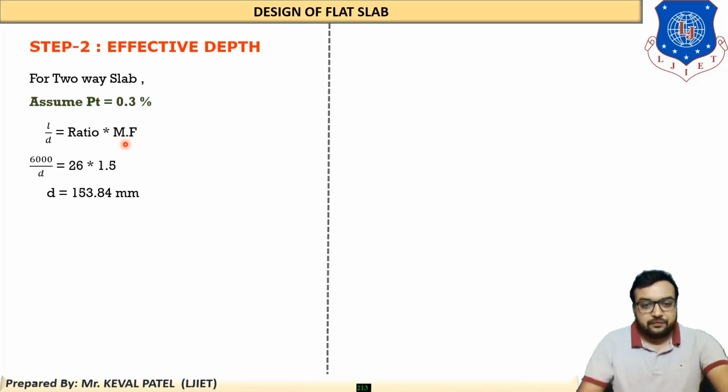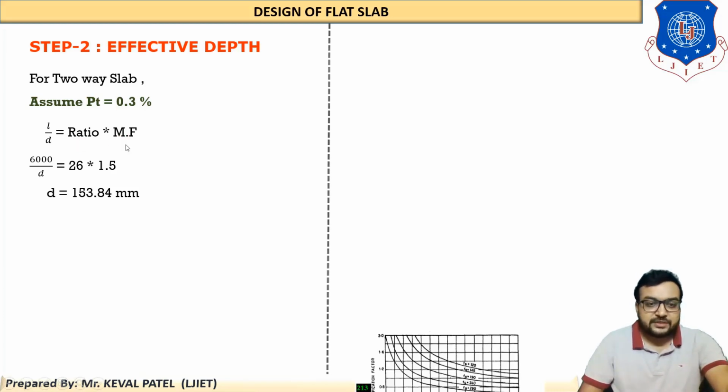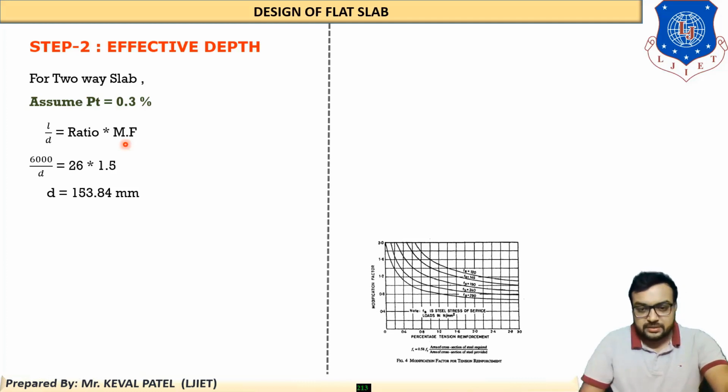Now MF means modification factor. Students, you can see that this is our PT, percentage tensile reinforcement, and our value of MF depends on two values. First one is PT and second one is Fs.